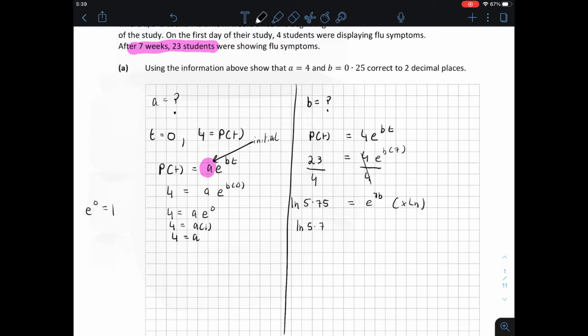Multiplying both sides by ln gives us ln 5.75 equals 7b. This is because ln of e is 1, log base e equals 1. Divide both sides by 7, and we're left with our final answer for b, which gives us 0.25 equals b.